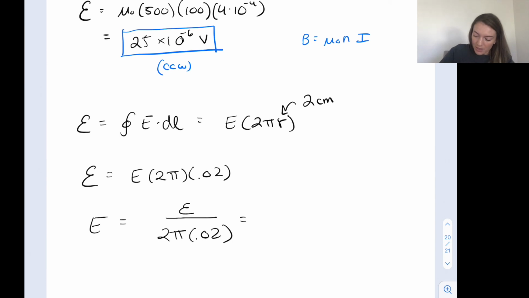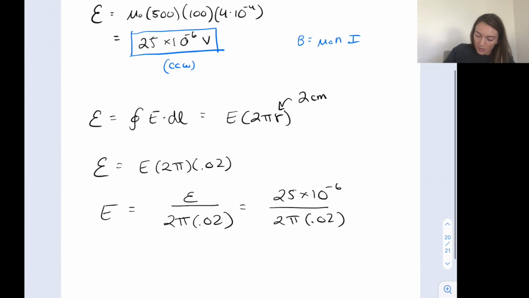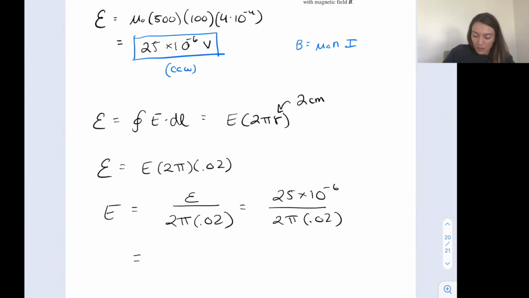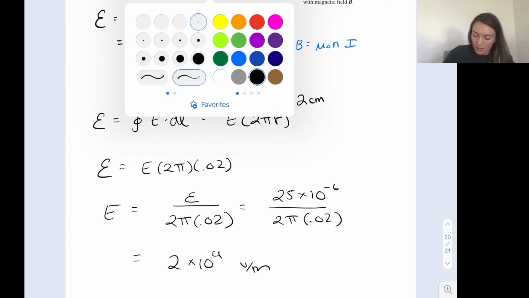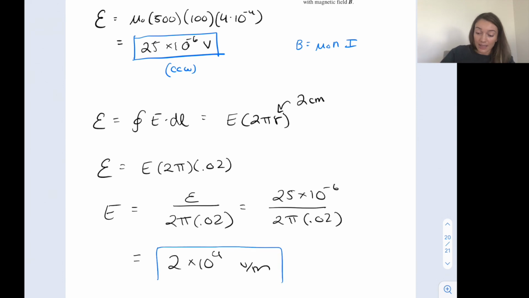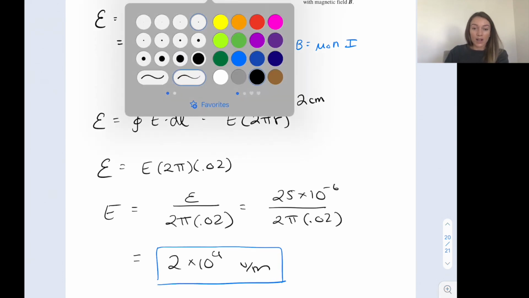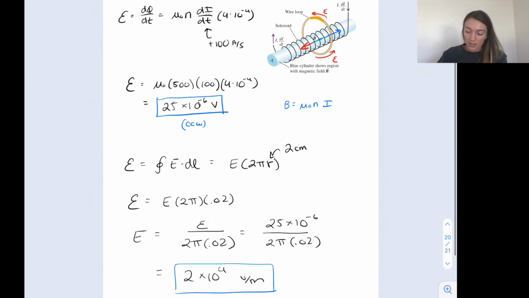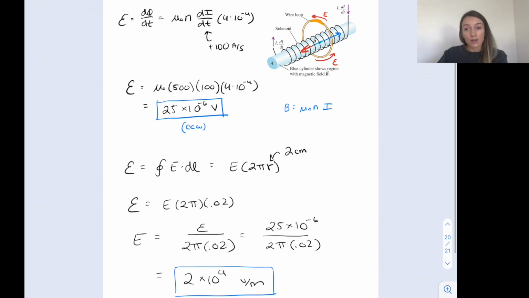So the EMF we said was 25 times 10 to the negative 6, and then we have 2π, and then we have 0.02. So this comes out to our electric field being 2 times 10 to the 4 volts per meter. And this is the magnitude of our electric field that's induced in that wire. And we know the direction since it's going to be in the same direction as the current and the same direction as the EMF.